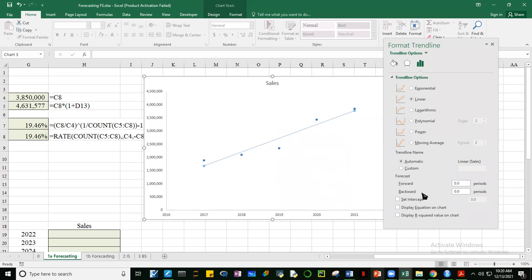If you want, guys, we can show 3 periods forward. And then we click here, display equation on chart, and display R squared value on chart. Even just 1 period will do. Okay?